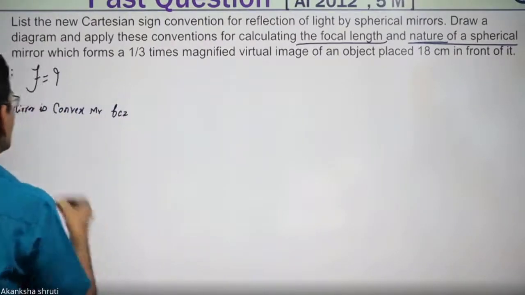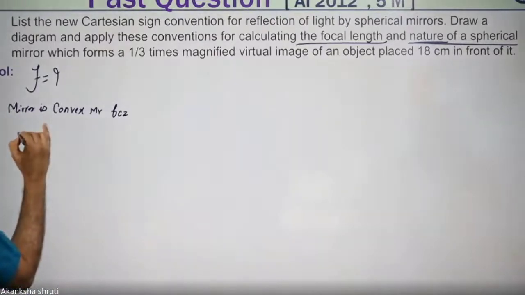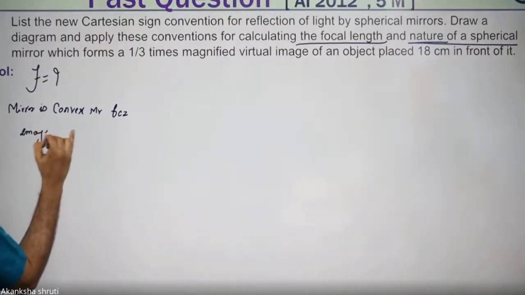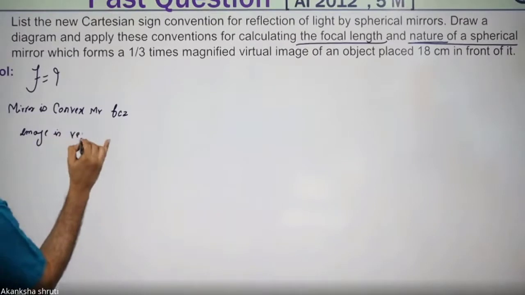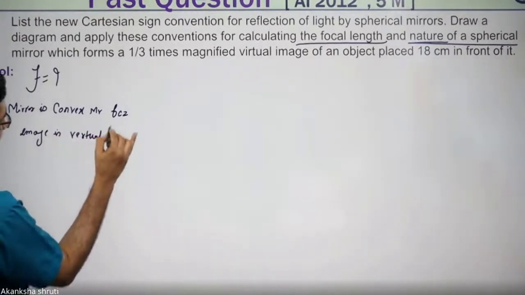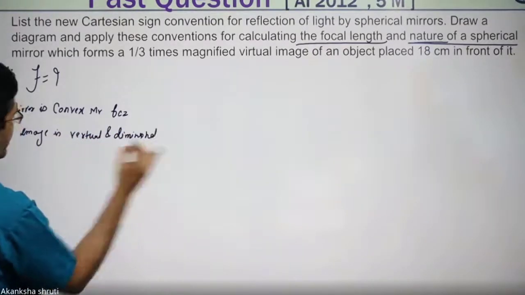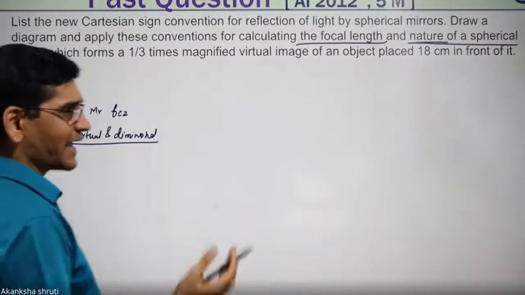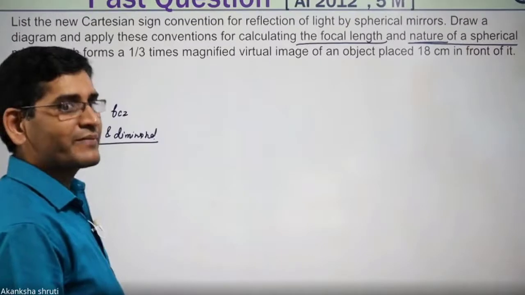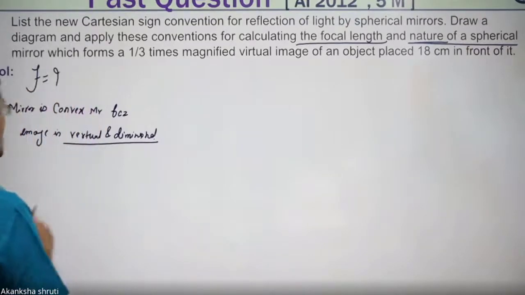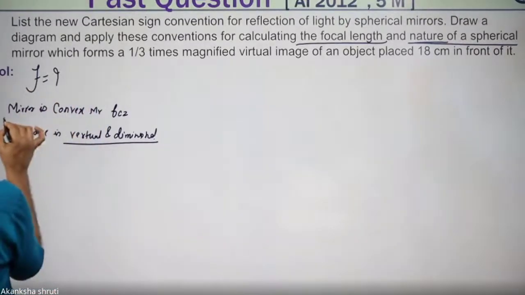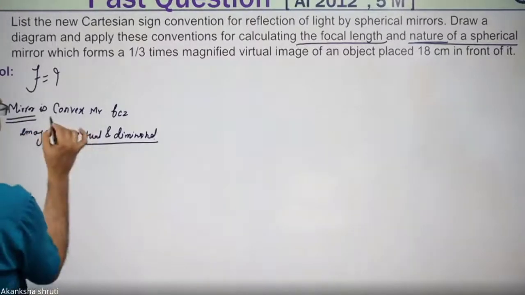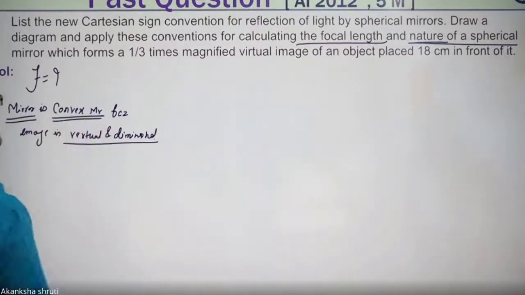Because image is virtual and diminished. Because in case of the concave mirror, the image can be virtual, but that will always be magnified or at least equal. So that's why the nature of mirror we had already determined is convex mirror.